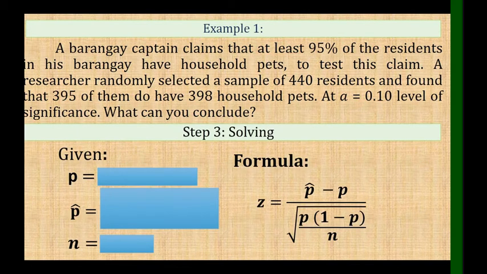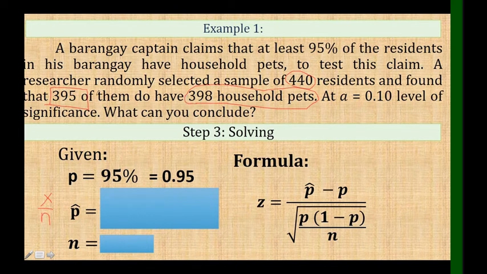For step 3, you need to write the P, P hat, and n. For the P, we have 95% or 0.95, so turn it into decimal form. For the P hat, if you still remember the proportion, it has a formula x over n. So for the x, we have a total of 395 residents versus 440 residents.